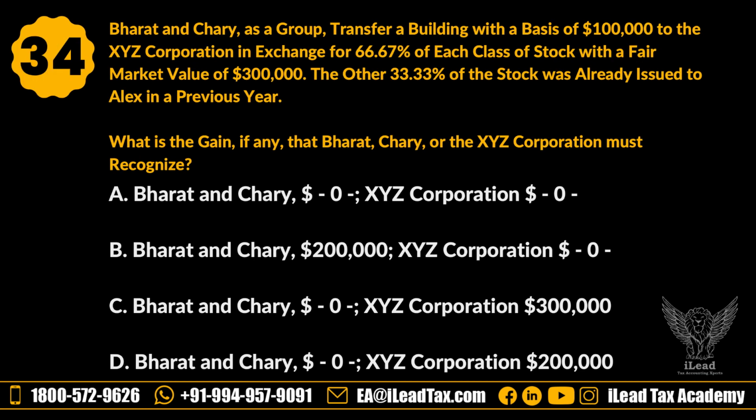Bharat and Chari as a group transfer a building with a basis of 100,000 to the XYZ Corporation in exchange for 66.67% of each class of stock with the FMV of 300,000. The other 33.33% of the stock was already issued to Alex in previous year.